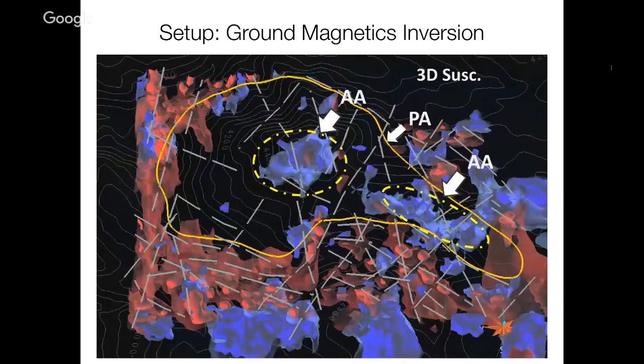They first do ground magnetics and look to see where the magnetic susceptibility is. Some of these alterations are actually magnetite destructive. So the alteration comes in, and if there was magnetite there, it gets rid of it. And that's a good sign, because this helps to delineate what the alteration zone is like.